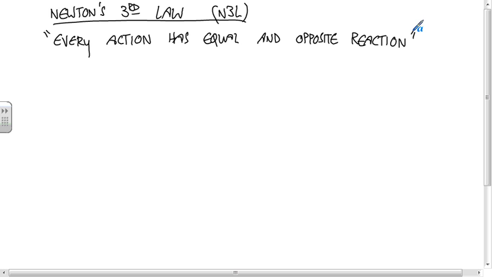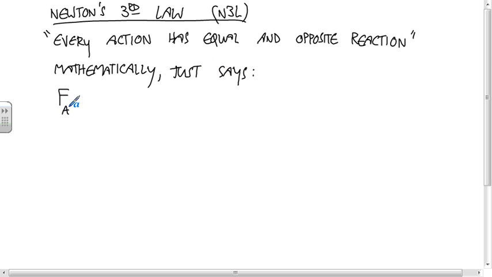But that wording is easy to misunderstand or use wrong. Mathematically, all it says is the force on A by B is equal to negative force on B by A.